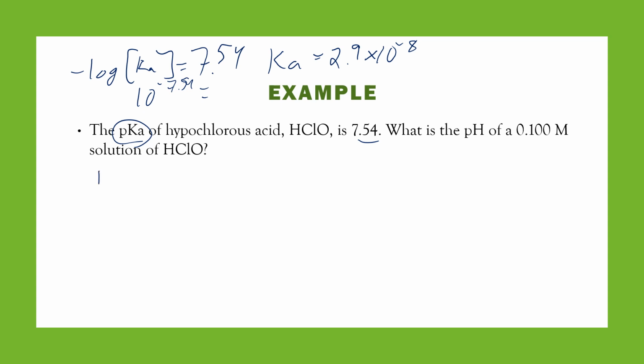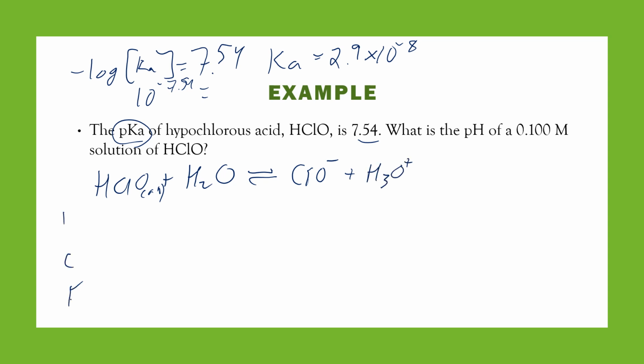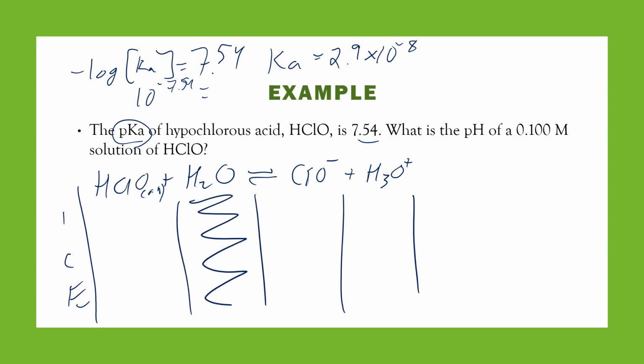Now, our hypochlorous acid will react with water to form ClO negative, our conjugate base, and H3O plus, our conjugate acid. And so if we make our ICE table, water doesn't count because it's a liquid. We don't have any of the ions to begin with, but we have a 0.100 molar solution of the hypochlorous acid to begin with.